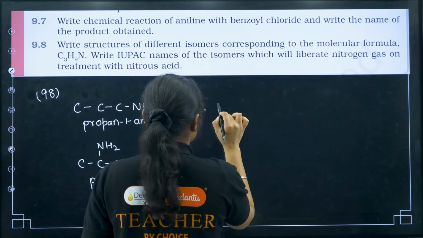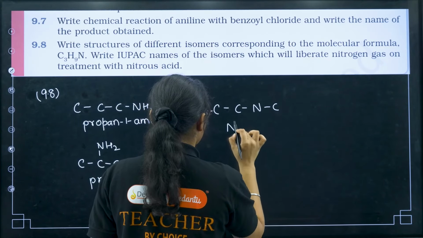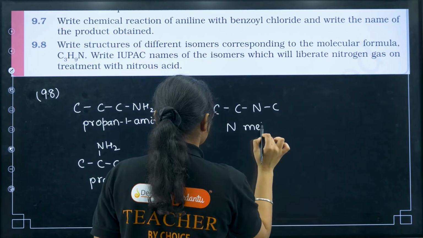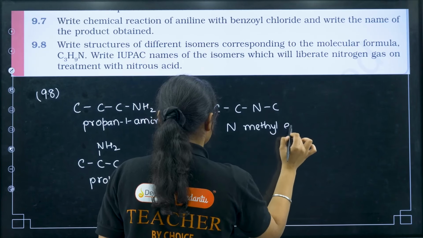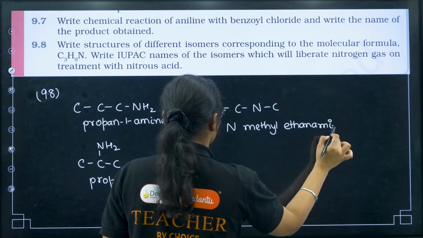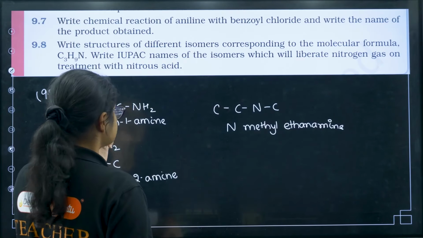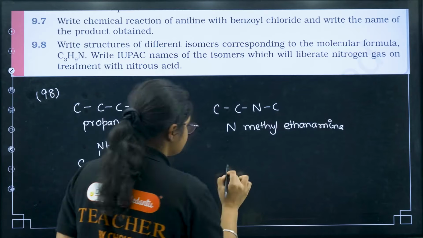Next I have N-methylethanamine, this is there. And then we have one more structure I can write like this.